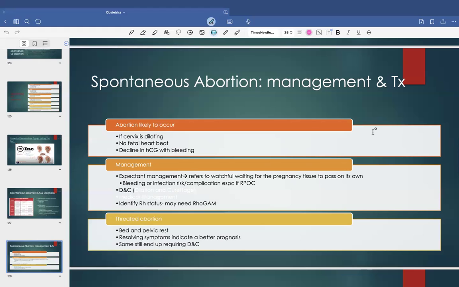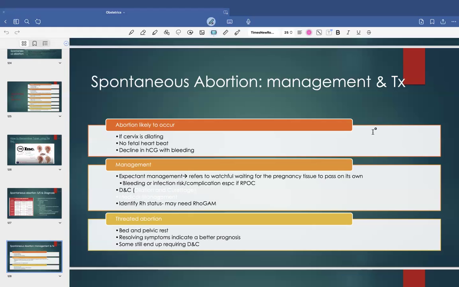Yes, Brian. So forgive my ignorance, but I'm asking about previous slides. Inevitable, incomplete, complete, how do you know that it hasn't? It's not like waiting for that slide, it's, the cervix is dilated, the os is open, the vaginal bleeding, how do you know that it's not eventually going to surpass that?